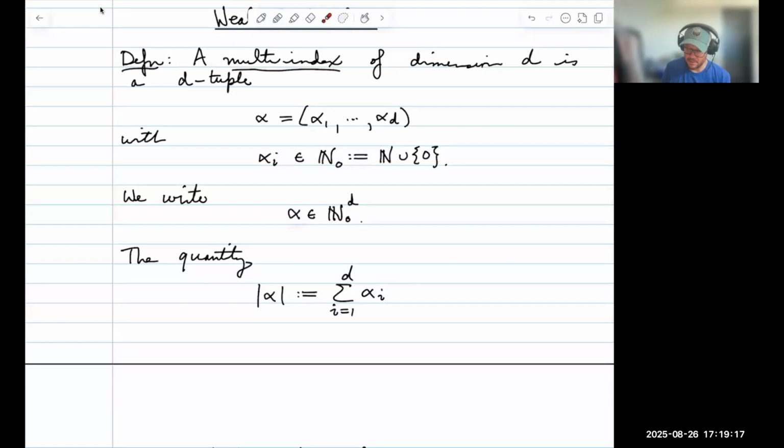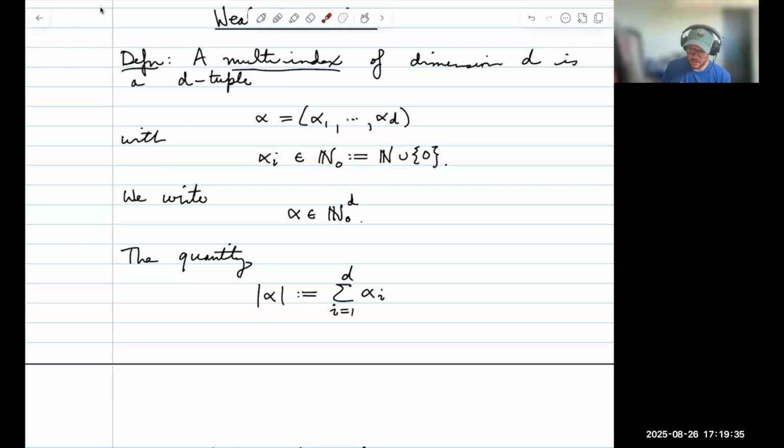A multi-index will be written as something from this space, and this is the space of multi-indices: d-tuples where the entries of the tuple are from this set.